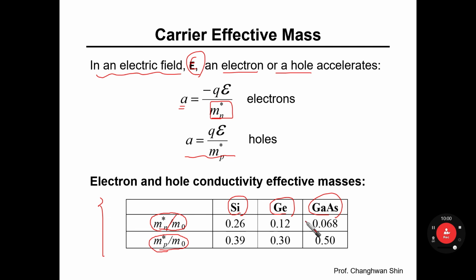semiconductor material. So in silicon, the effective electron mass is about 26% of the real mass. And in the case of holes, 39% of the mass is the effective mass in silicon. And in germanium and in gallium arsenide, the effective mass of holes is quite different. So depending on where the free electrons and holes are moving around, their real effective mass can be determined.